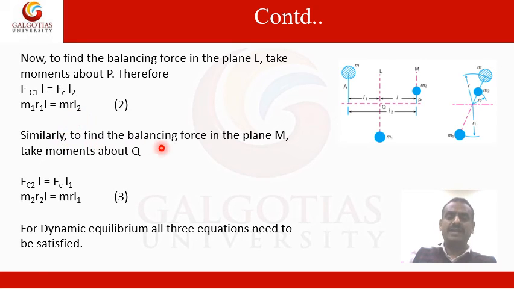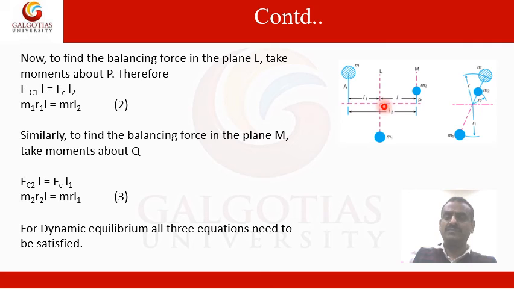Similarly, to find the balancing force in plane M, take moments about Q. This is point Q. One force is the centrifugal force produced due to the disturbing mass, and another is produced due to the balancing mass m2.